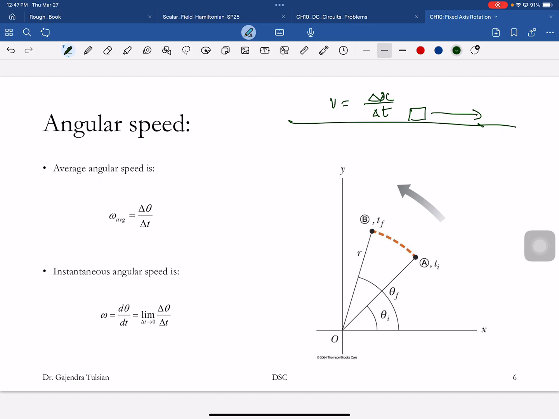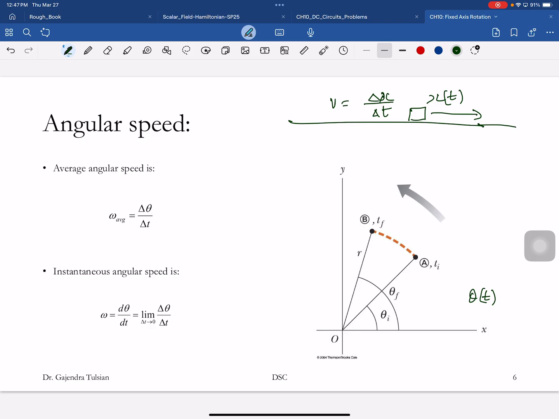What is the most useful way to describe that motion? Position as a function of time. Just like that, to describe an angular motion, the most useful way is to give the angular position as a function of time. So if I do some motion like this and ask you to describe it, what I want you to tell me is the position of this object as a function of time.